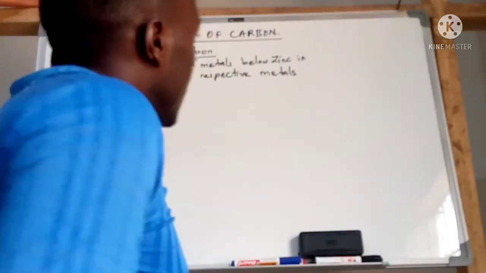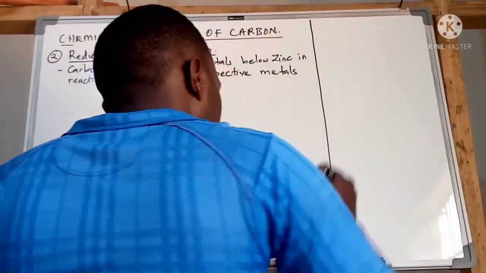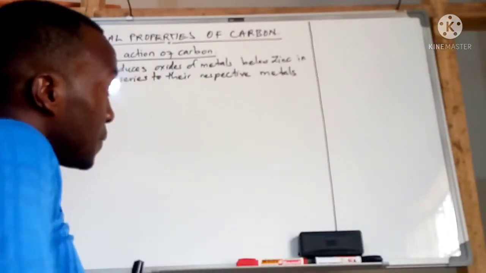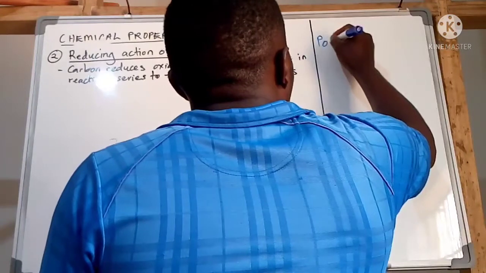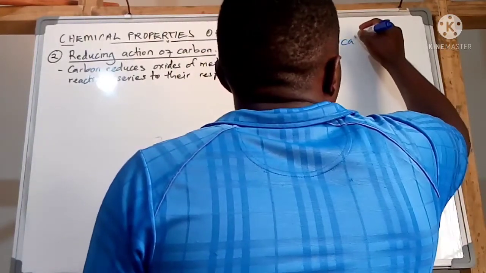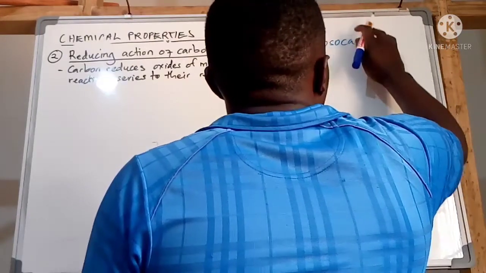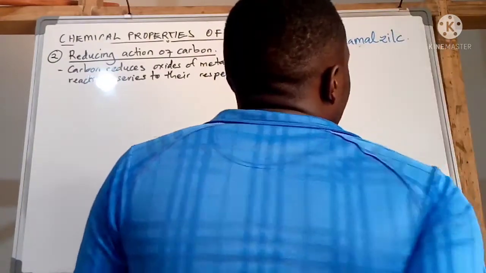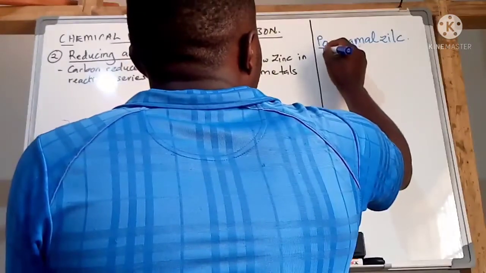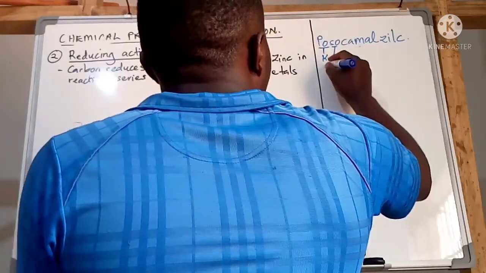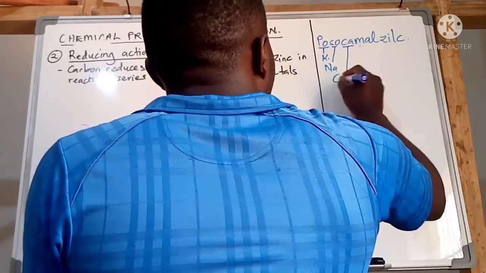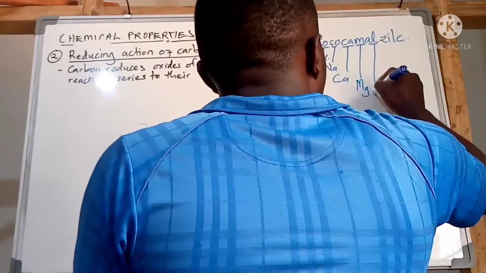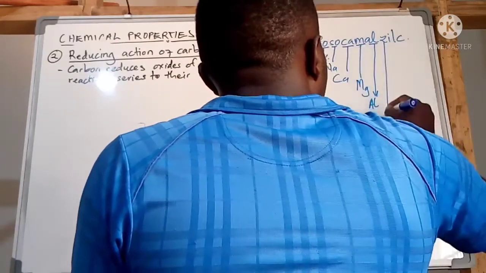To assist us in understanding the reactivity series, I request that we use this mnemonic, where PO stands for potassium, SO for sodium, Ca for calcium, M for magnesium, Al for aluminium, Z for zinc.